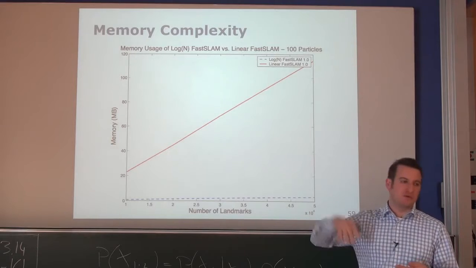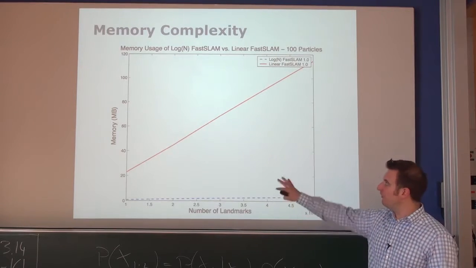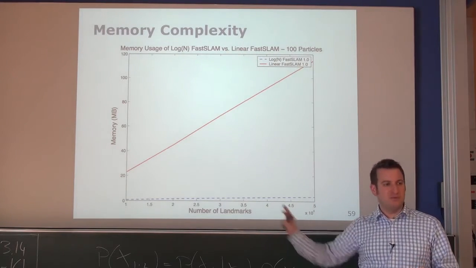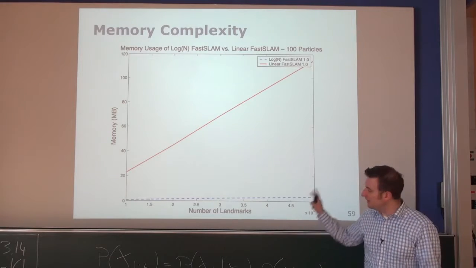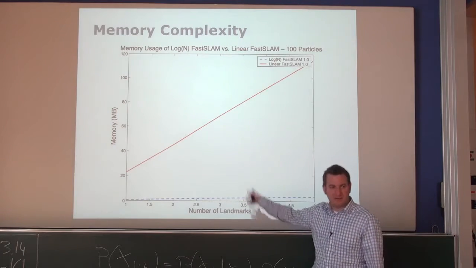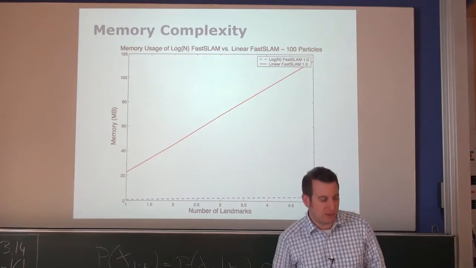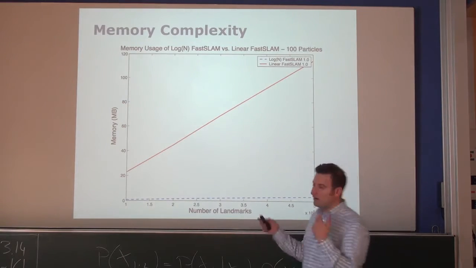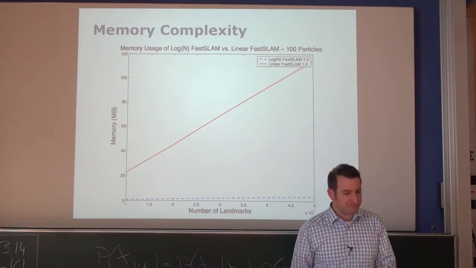FastSLAM 2 for grid maps is then the solution. Therefore I said I don't go into FastSLAM 2 for landmarks, just do FastSLAM 1 for landmarks, and we do FastSLAM 2 for grid maps next week. But at least I would like to give an idea how we can do better.